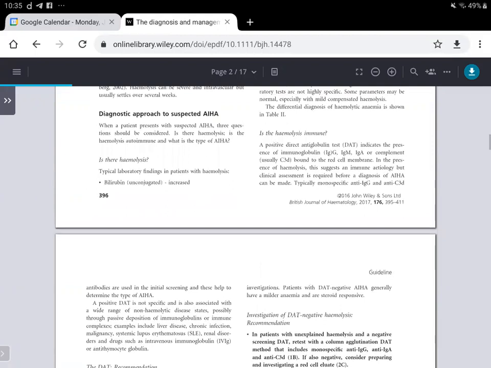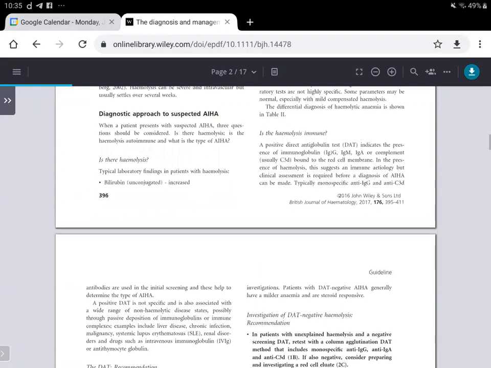Cold agglutinin disease can also occur in children, since infections are more common in children, and most of the forms associated with infections are self-limiting.